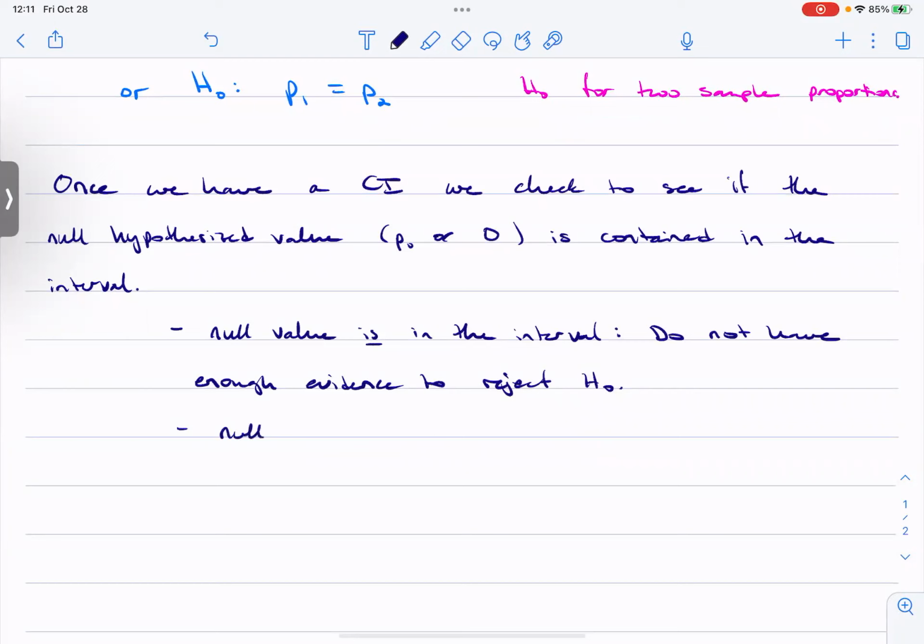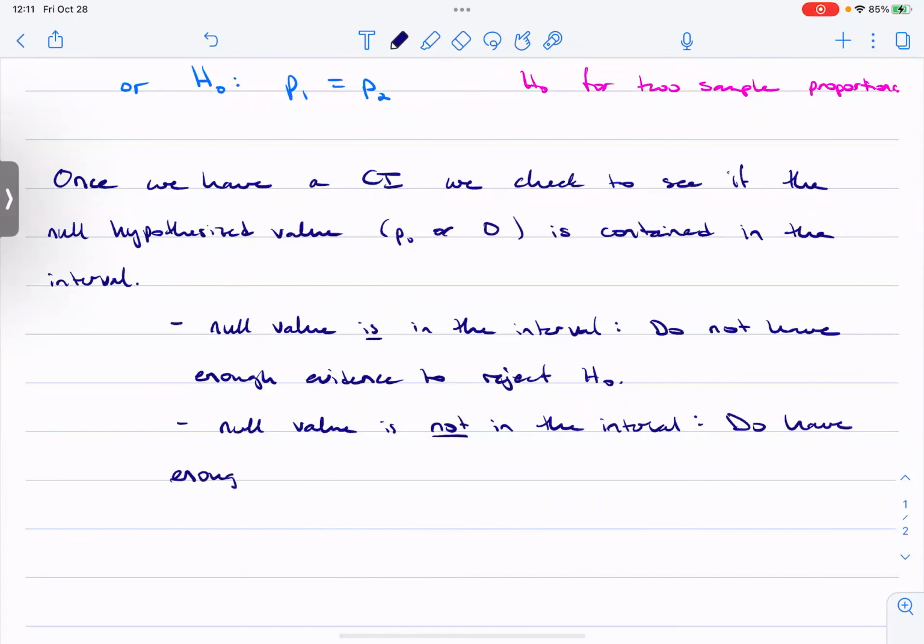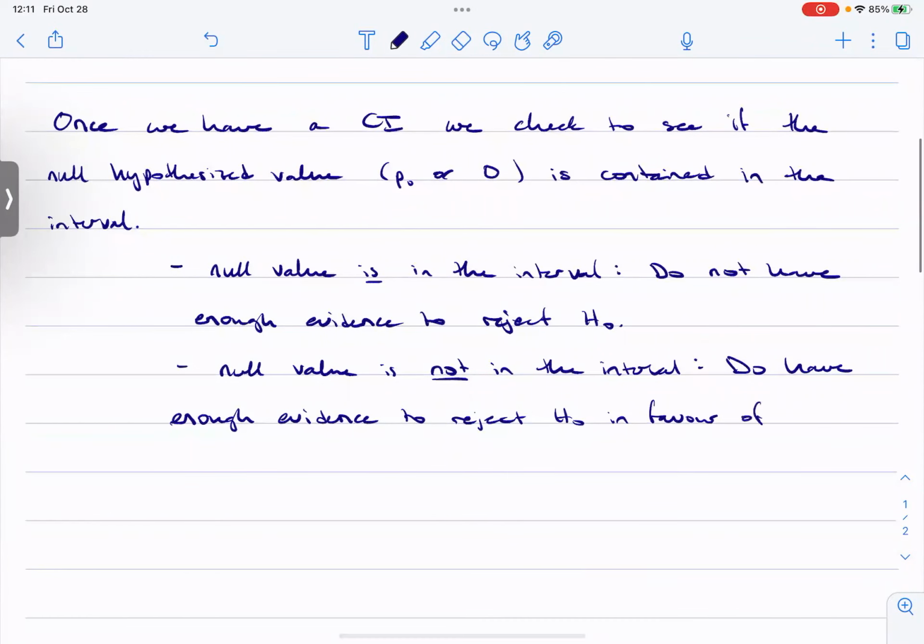If the null value is not in the interval, we do have enough evidence to reject H naught. And if I'm rejecting it, I should probably say in favor of what? In favor of HA.